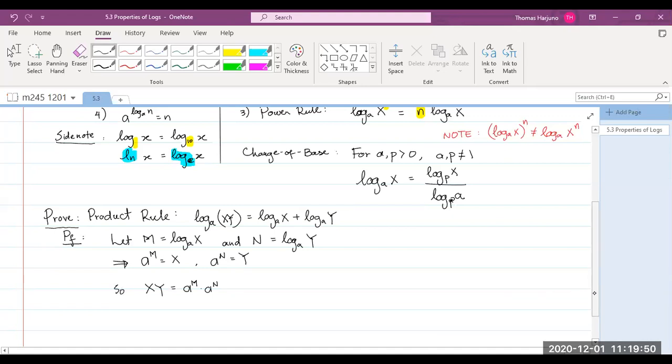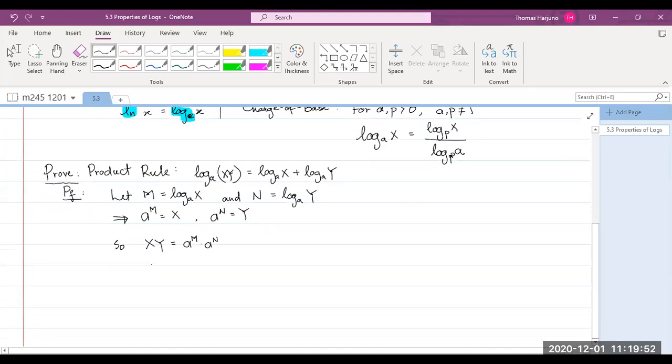But then by product rule from exponents, we learned product rule in exponents: when you multiply two factors with common base, like in this case, then you add the exponents. Right? Now I change this back to log form.